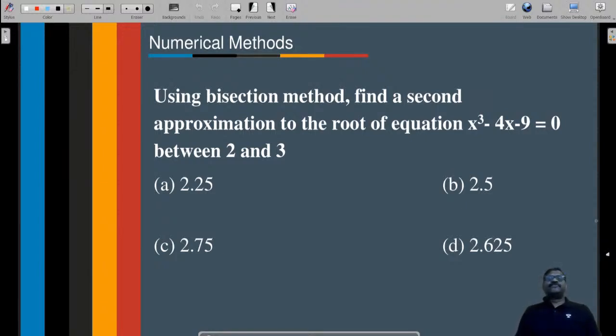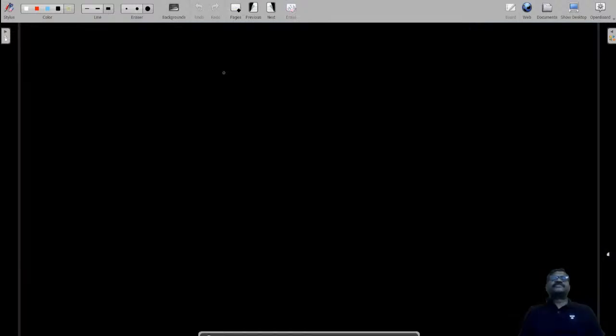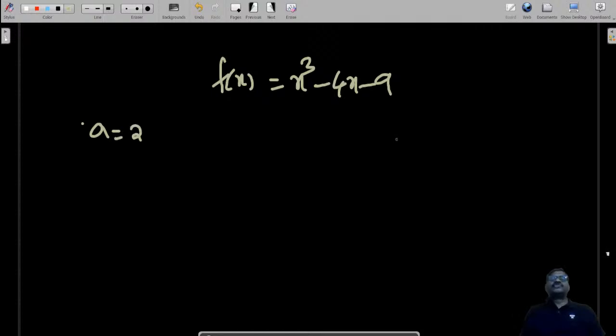Using the bisection method, find the second approximation to the root of the equation x cube minus 4x minus 9 between 2 and 3. So we have to apply the bisection method for the function x cube minus 4x minus 9. Between 2 and 3, a is 2, b is 3.